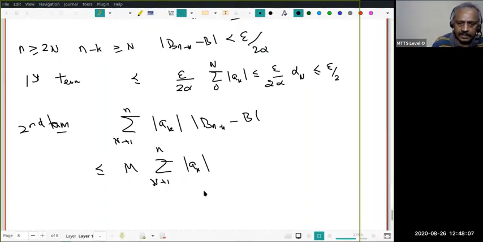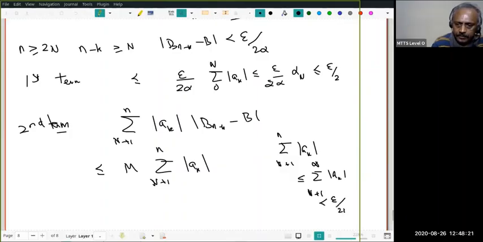Notice, right? But again, by whatever I said in the beginning, the sum from N plus 1 to n of mod a_k will be less than or equal to the sum of mod a_k from N plus 1 to infinity. But that's less than epsilon by 2M. Therefore, this object is less than epsilon by 2.